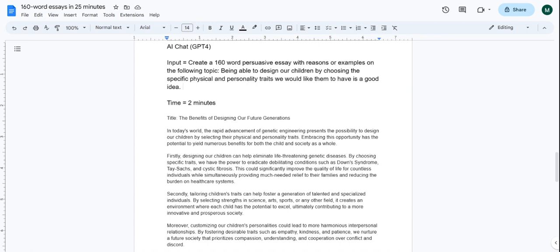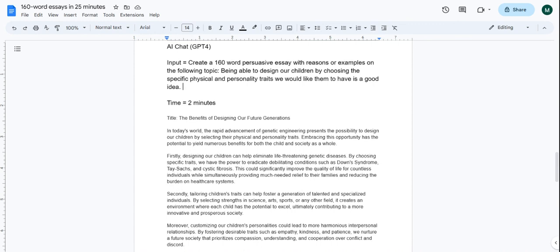Create a 160 word persuasive essay with reasons or examples on the following topic. Being able to design our children by choosing the specific physical and personality traits we would like them to have is a good idea.